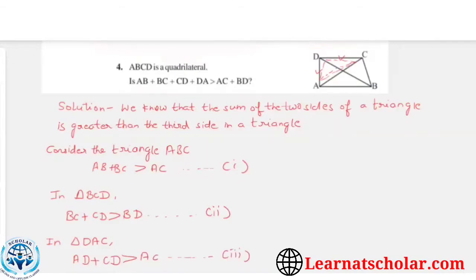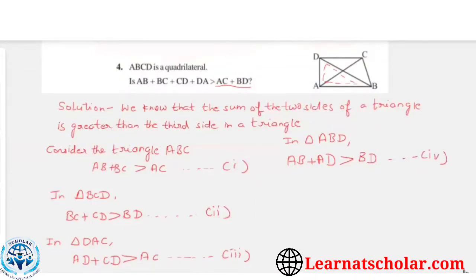Let's consider the fourth triangle. This one. In triangle ABD, AB plus AD is greater than BD. This is the fourth one.